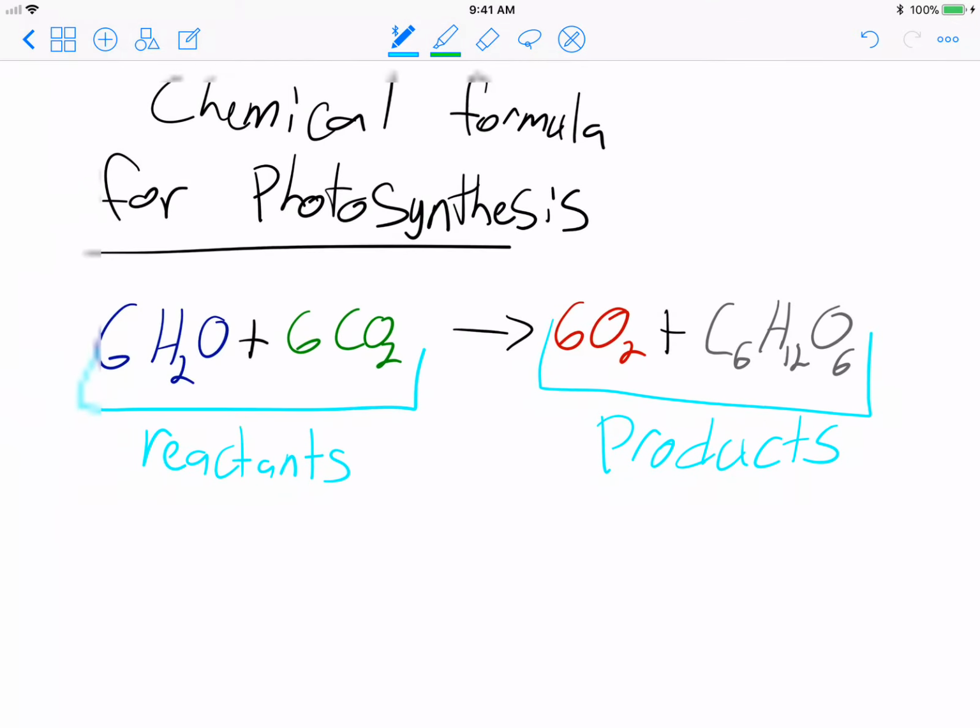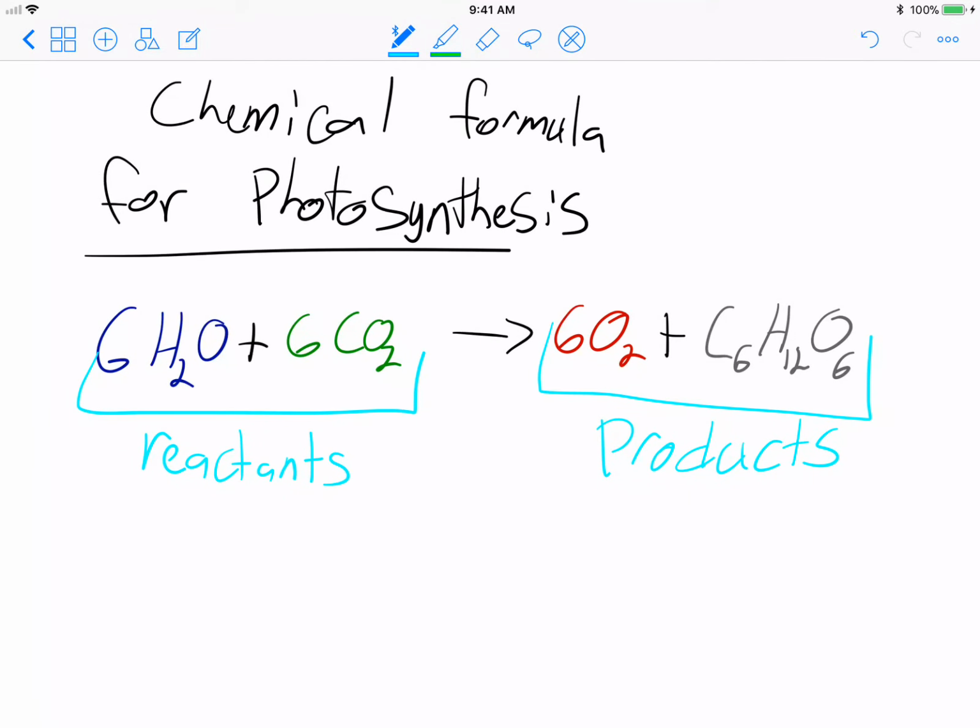Now I'm going to zoom out, and if you're watching this at home and have not yet written this formula into your notebook, you need to do so. Okay, you need to memorize this formula here. Now, it might feel daunting to memorize a formula, but it's really not very hard. Once we've learned and memorized glucose, and we've memorized the order that the reactants include water and carbon dioxide, and that the products include oxygen and glucose, then all you need to remember is the number ahead of it, and it's the devil's number, right? 666.